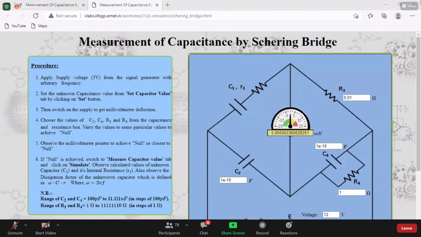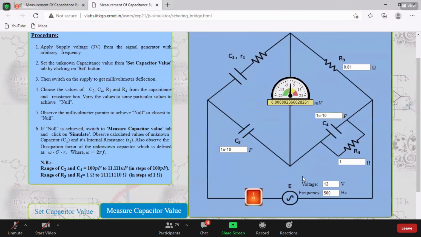Sir, can I share my screen? Yes. So can you see my screen? Yes. Explain your experiment. So we have to find the unknown capacitance value by changing C2 and C4, R3 and R4. If we change those values, we'll get the null value, and that indicates that the bridge is in balanced condition.